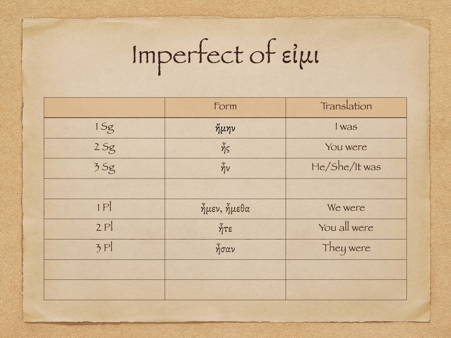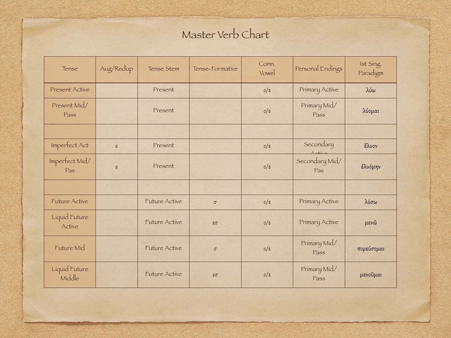So this is the imperfect of eimi. Remember, the imperfect uses the present tense stem, but it's distinguished because of the augment. So the augment gives it the past time, the present tense stem gives it the continuous aspect, and it uses secondary personal endings. And all of this is here in the master verb chart.